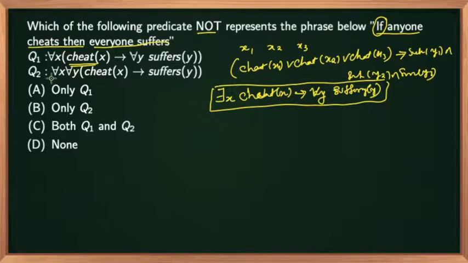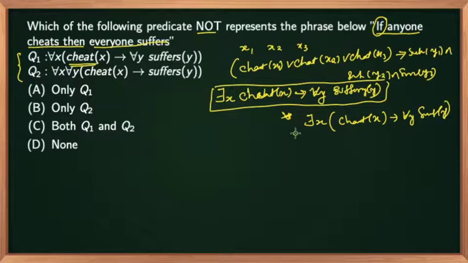But we have the predicate here in for all x format, right? So note that this is not equal to there exists an x, cheat of x implies for all y suffers of y. These are different statements.